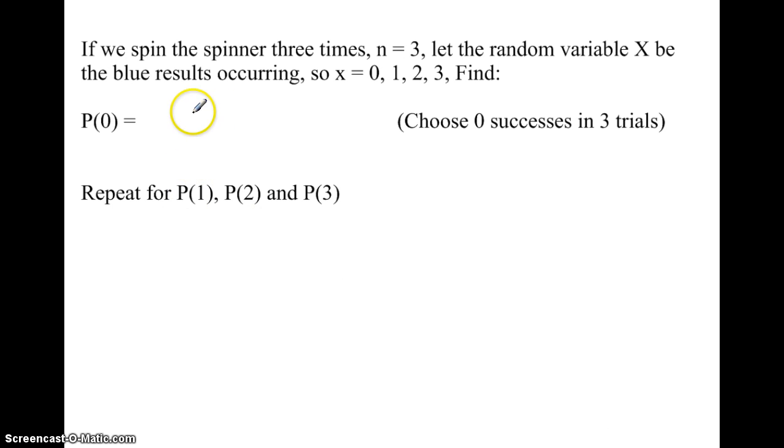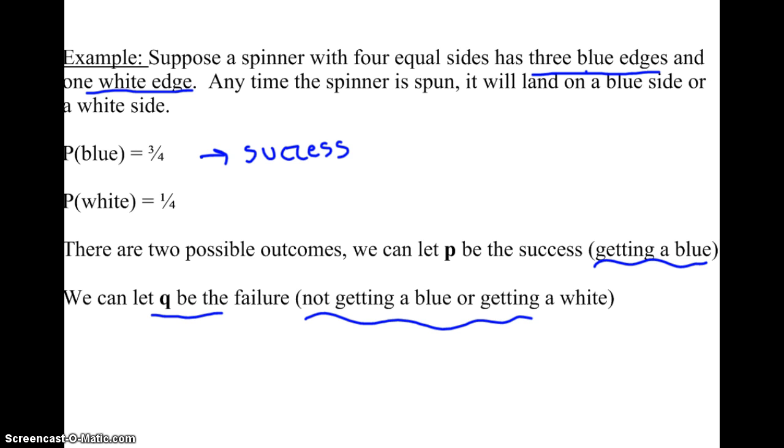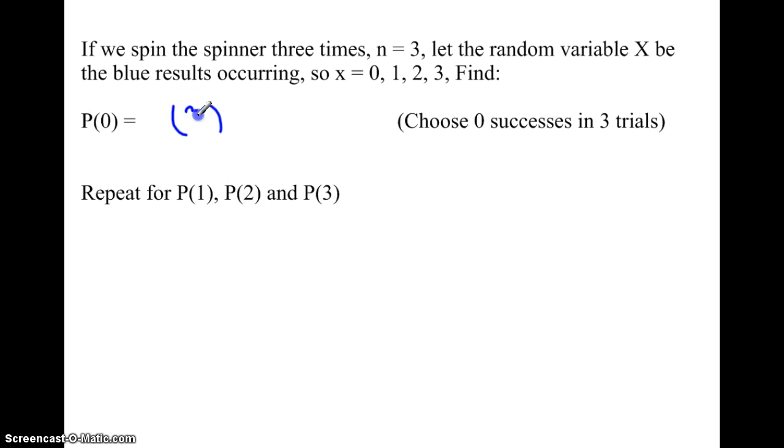So what's happening here is we spin the spinner 3 times, and we are going to start by wanting to get a blue 0 times. So we're saying that X is the random variable that we're looking at, and that is when a blue actually occurs. Our probability of getting a blue, if we look back, is 3/4.